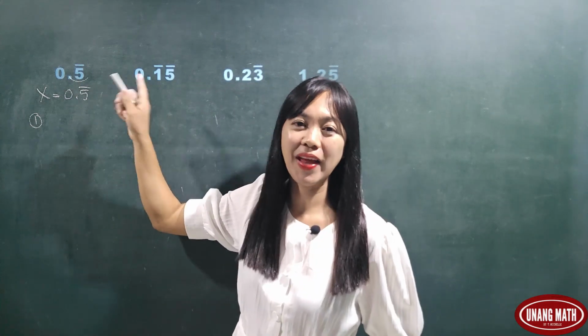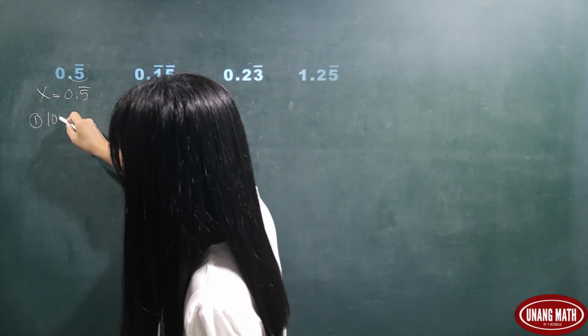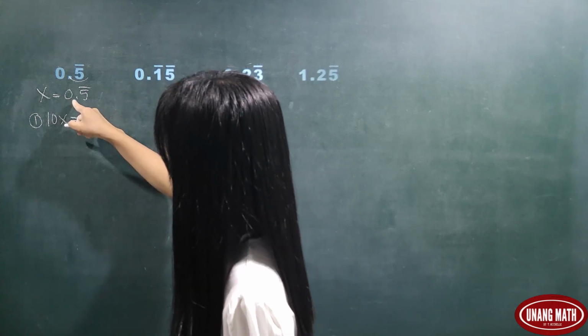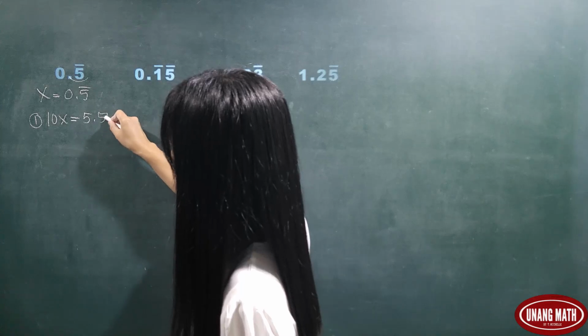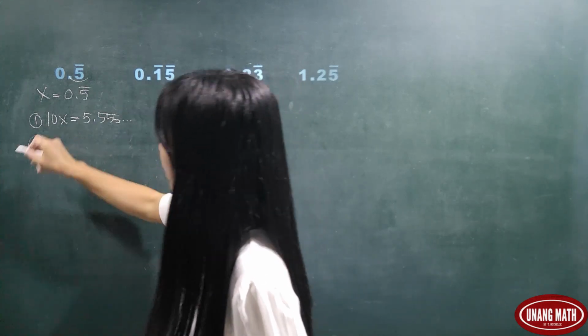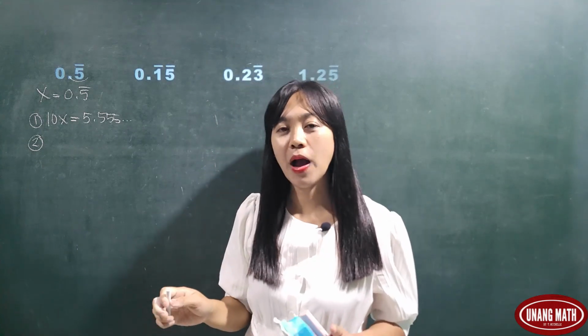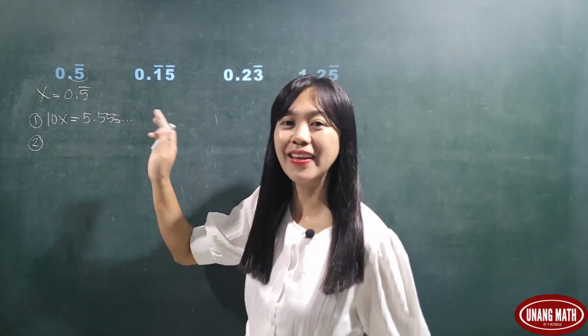Moving one time to the right is multiplying by 10. So 10 times x, so this will be 10x, is equal to 0.5 repeating times 10 is 5.555 repeating.